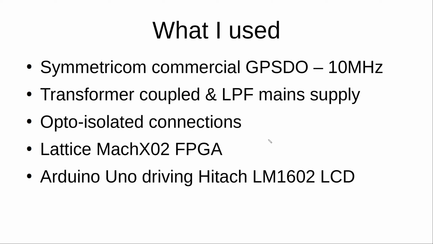This opto-isolated signal then goes into a Lattice MachXO2 FPGA, and then an Arduino is able to read the count values from the FPGA after that's been gated and measured, and just display the result on a Hitachi 16x2 LCD.